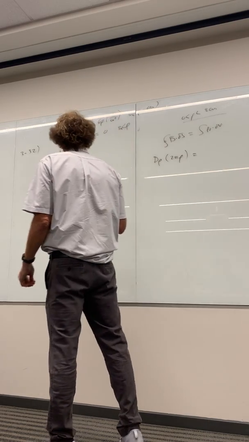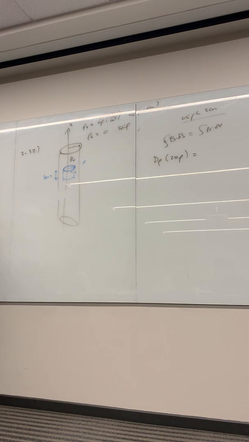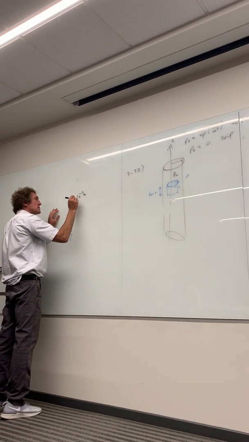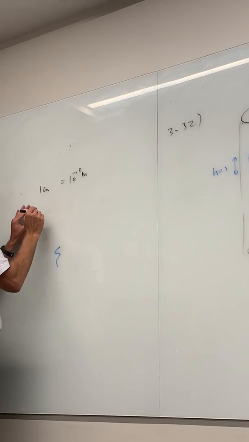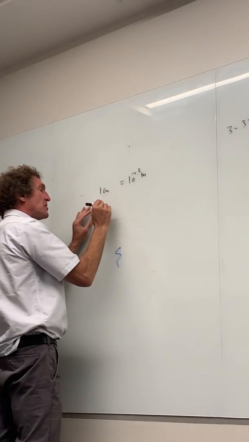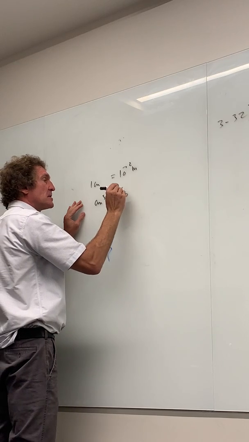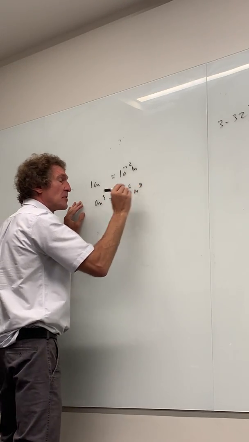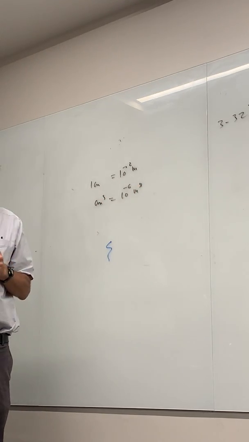Well here, that's a function now of position, rho. And I'm going to do one thing. 10 to the minus 2 meters is equal to 1 centimeter. That means a centimeter cubed is 10 to the minus 6 meters cubed, right? Do you agree with that?